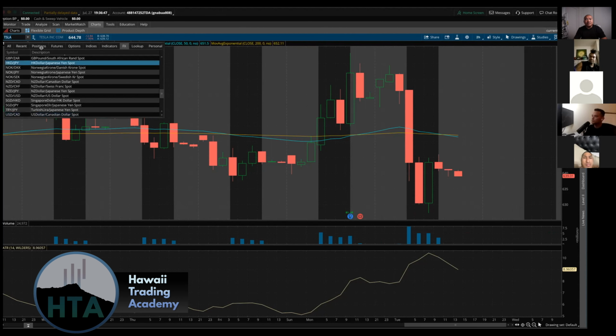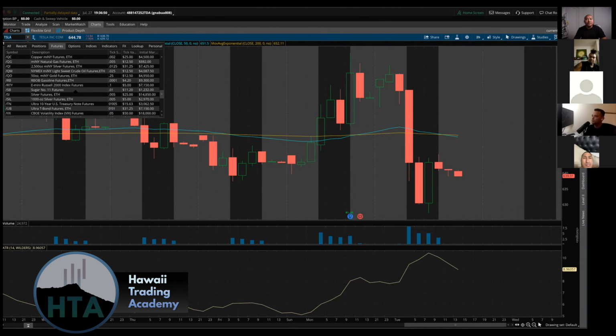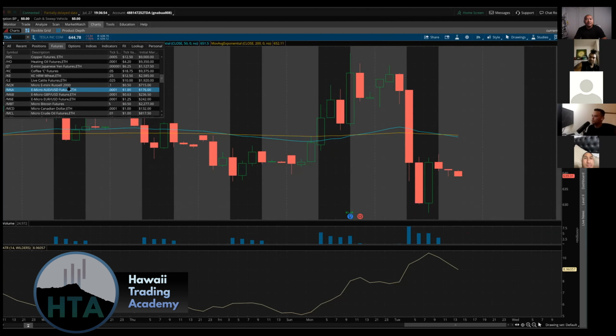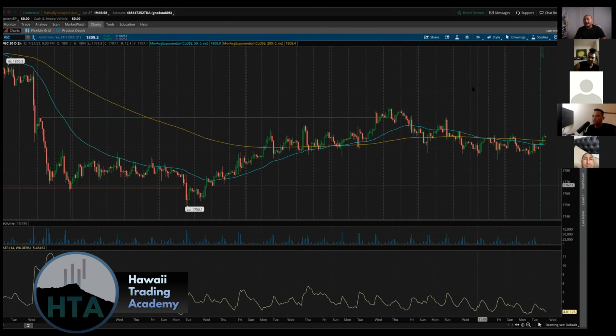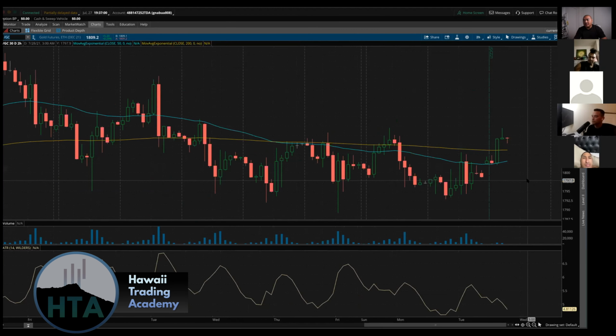So let's go to a futures trade. Let's just pull up gold real quick. Gold's another one I like using. So right here, let's just look at the bar forming right now.